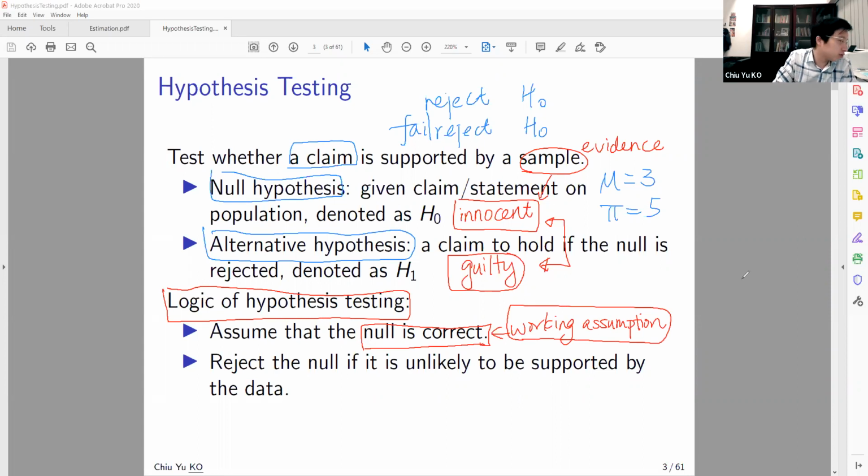If not, you reject it and take the alternative as the working assumption. So let's see the next slide. But before that, just to let you know, there are two keywords here, null hypothesis and alternative hypothesis, which we will be using throughout the chapter.